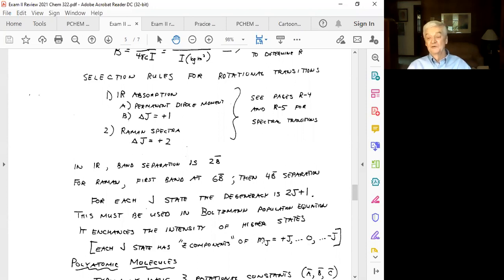When we had L equal to 2, M sub L could be plus 2, plus 1, 0, minus 1, minus 2. And that's what you had for d orbitals. You got 5 d orbitals. When J is equal to 2, you have 5 degenerate rotational levels at that same energy. And so that increases the population of molecules at that energy, and so your bands wind up being stronger.